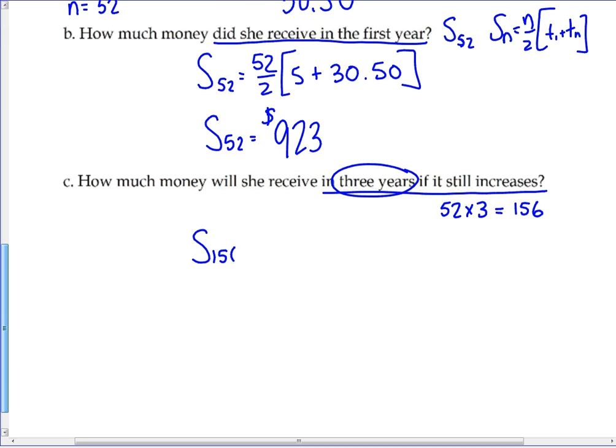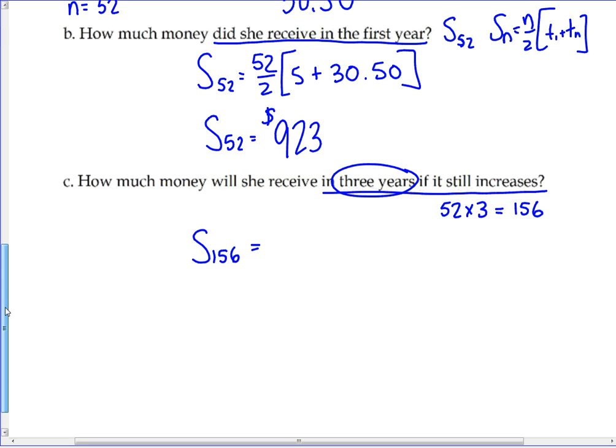S156. Okay, it's important that you find the full 156. You can't just say, oh, how many more do I need? Because it won't give you the proper sum. Try to just do S of 156 minus 52, just the 2 years. Because it's growing every year. You have to do it from the beginning always.